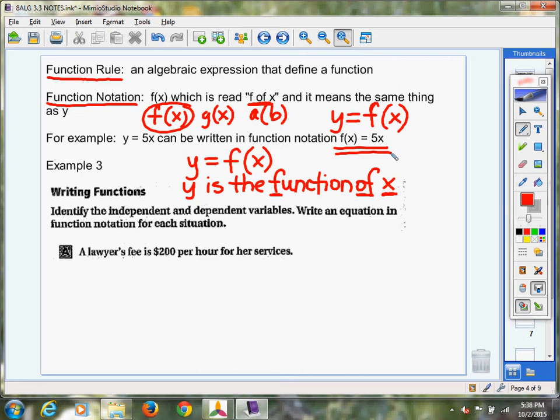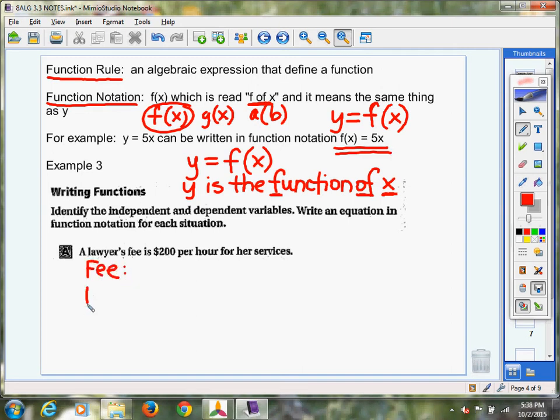Okay? So as you're looking at this, the lawyer's not going to know how much to charge you unless she knows how many hours she spent with you. So you can't do anything with the fee until you know number of hours. Okay? So let's write that out.